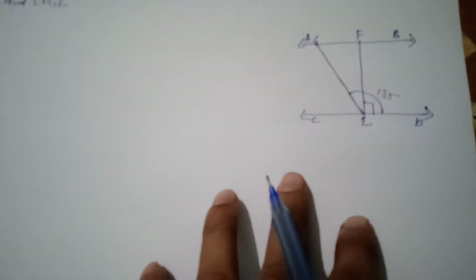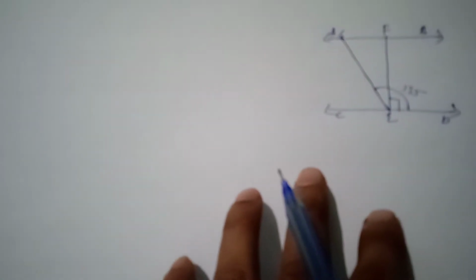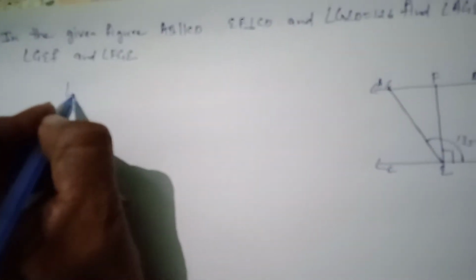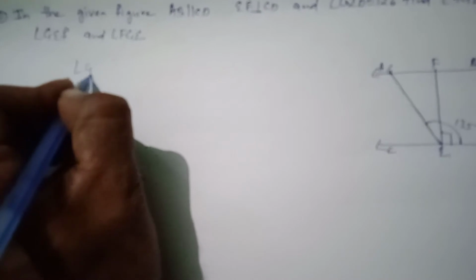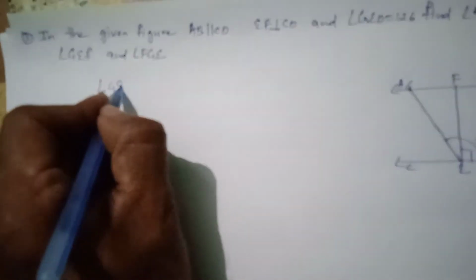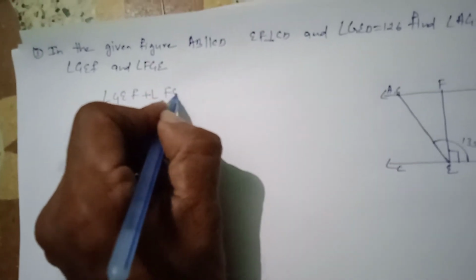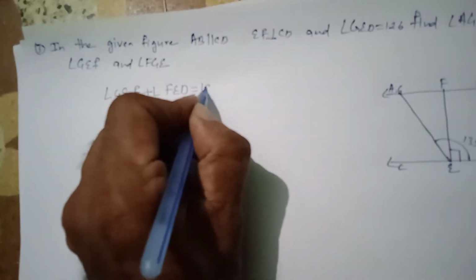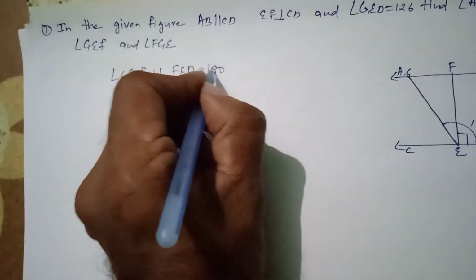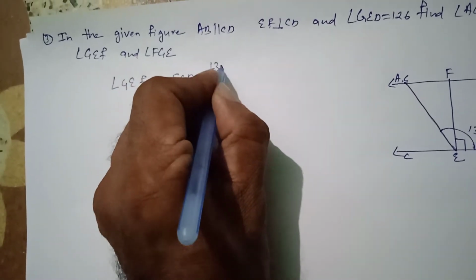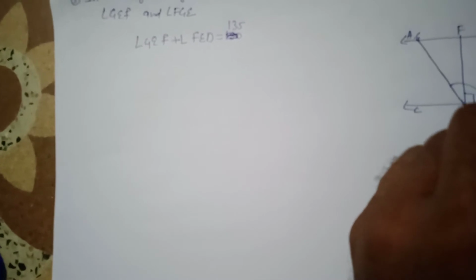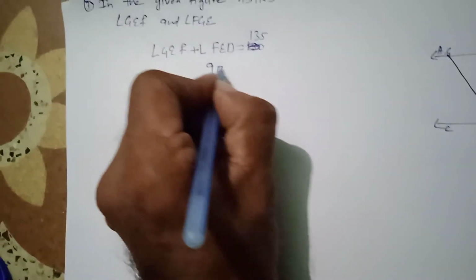Angle GEF plus angle FED equals 135. FED is a right angle.